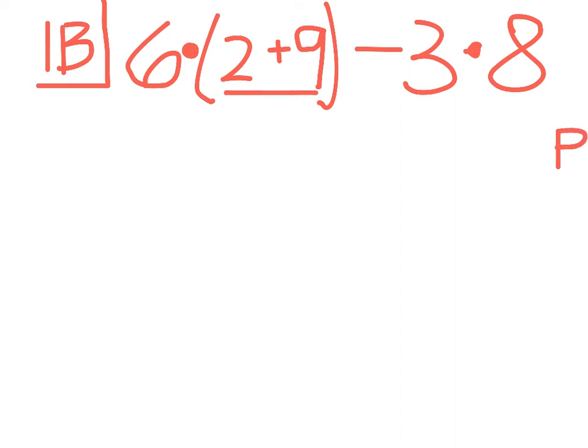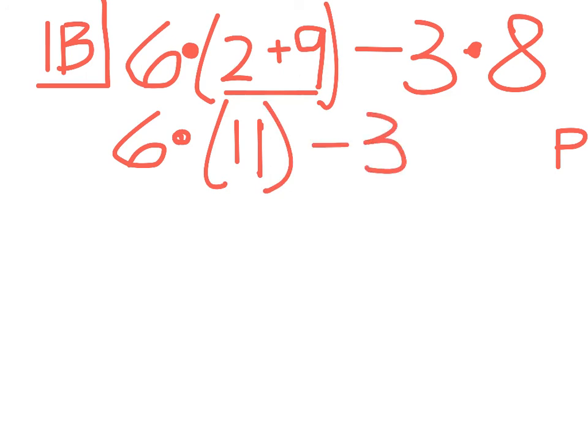So we're going to do 2 plus 9. On the next line, when I write this, this basically 2 plus 9 is obviously 11. Make sure you don't multiply there on accident. And then, so 6 times 11 minus 3 times 8. So I keep the parentheses on there, but basically it still just says 6 times 11. So there's nothing else inside the parentheses to do, which is step P.